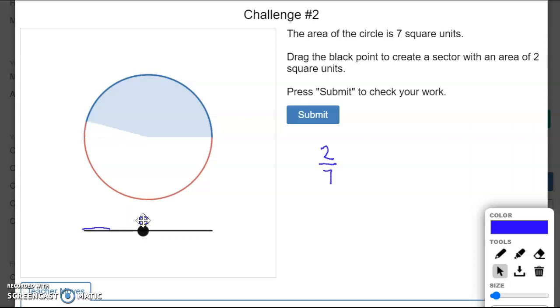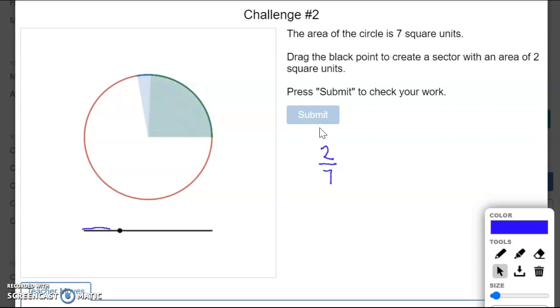So if I make a little smaller, that may be the 7th, and that will be a third. So 2/5 of the 7th might be something like this. Okay, so then I am going to submit.